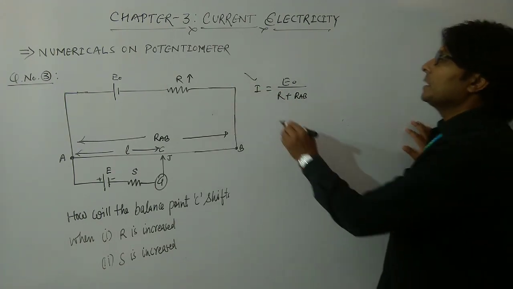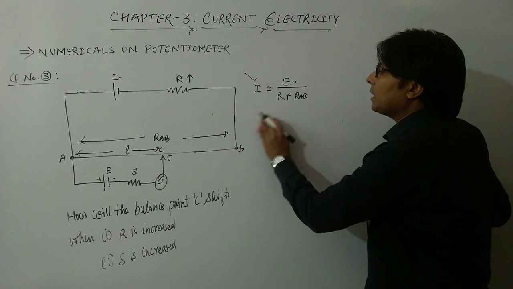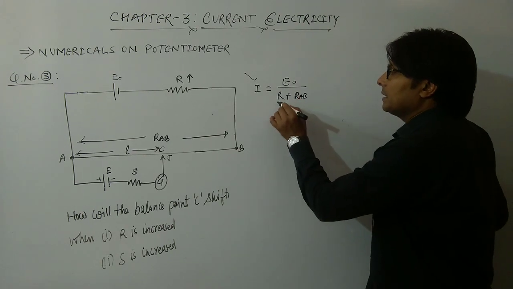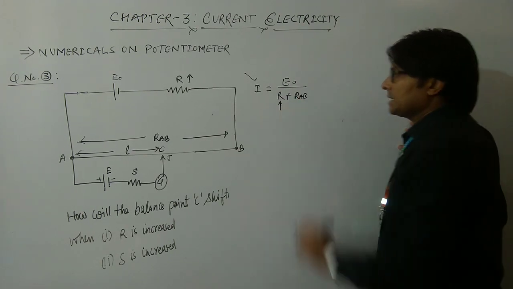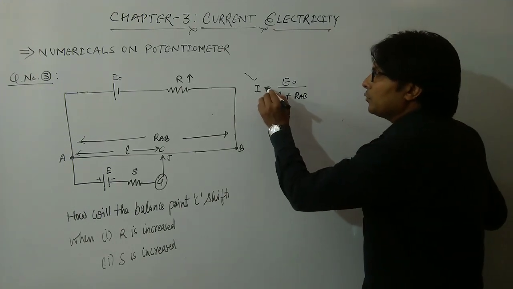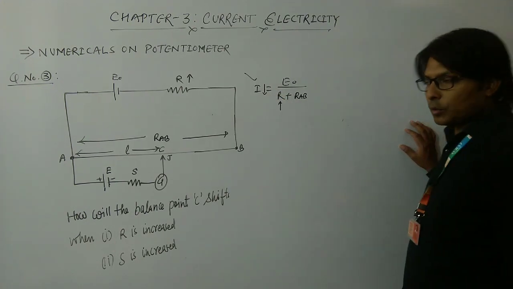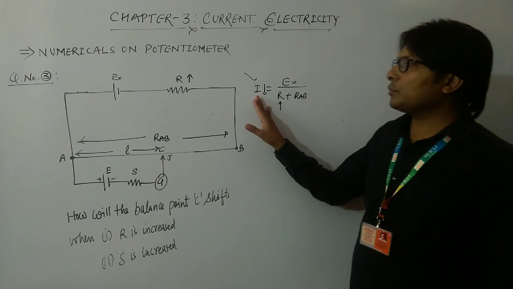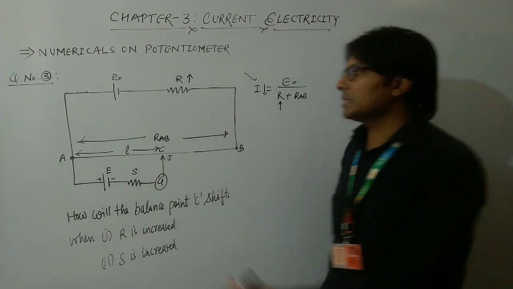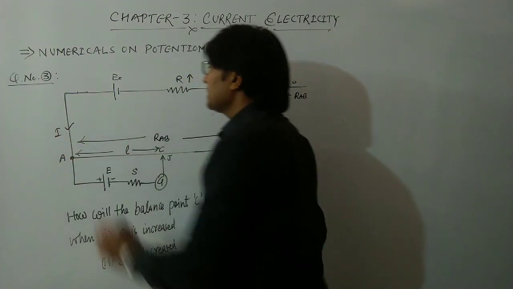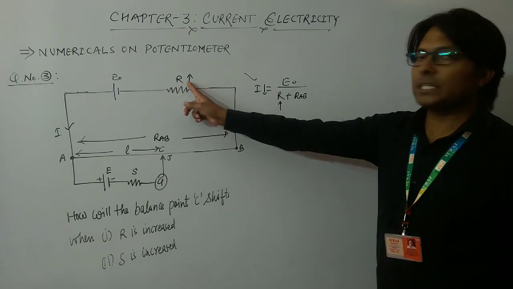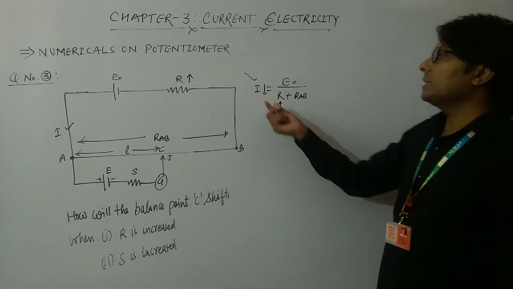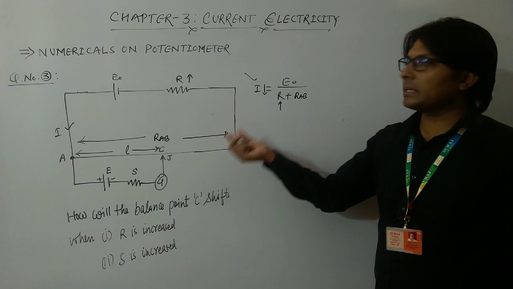Now see, if I increase the value of resistance R, then definitely the value of current decreases. So the current flowing through the primary circuit will decrease.